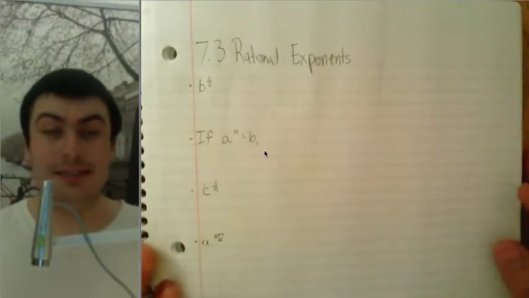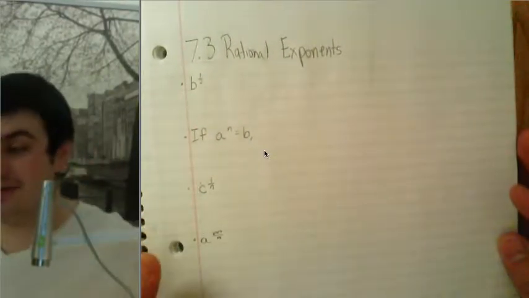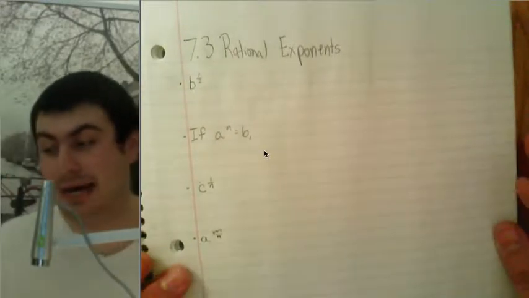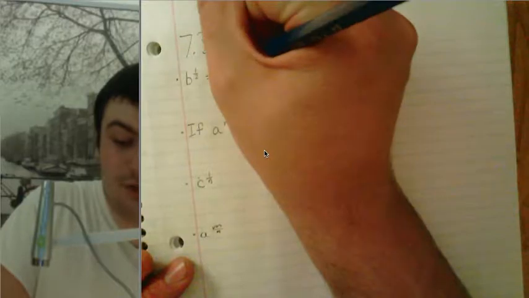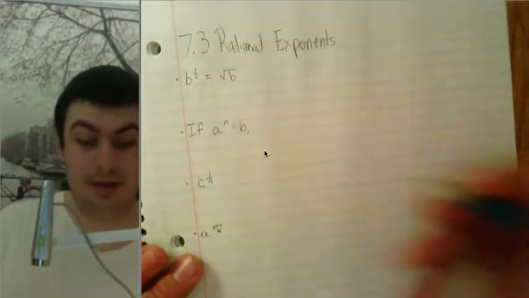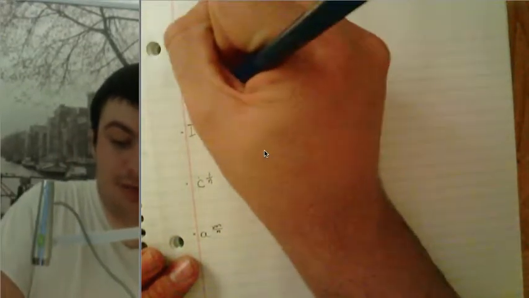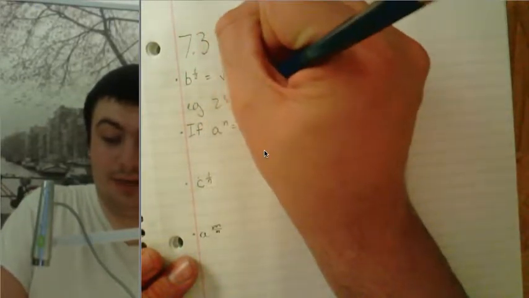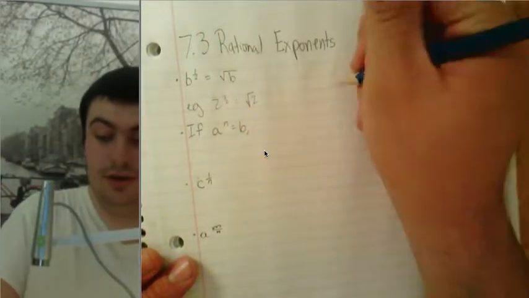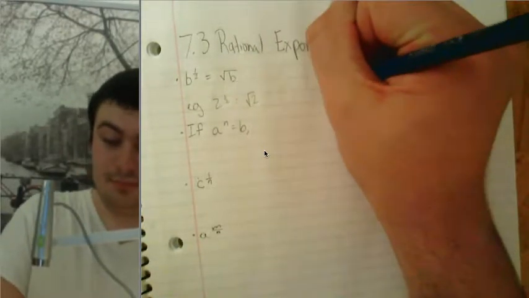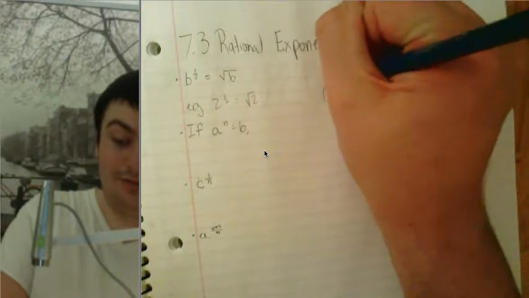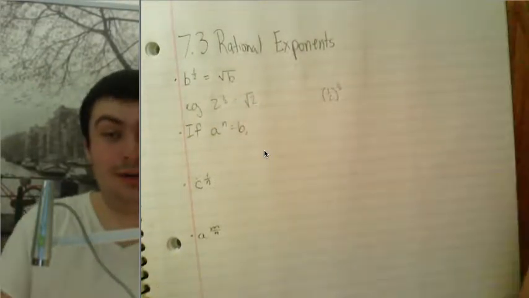So we see here this b to the 1/2. If we have b to the 1/2 power, that's going to be the same as saying we have the square root of b. So for example, if we had 2 to the 1/2 power, that's like saying we have the square root of 2. Or let's say that we had 1/2 to the 1/2 power.